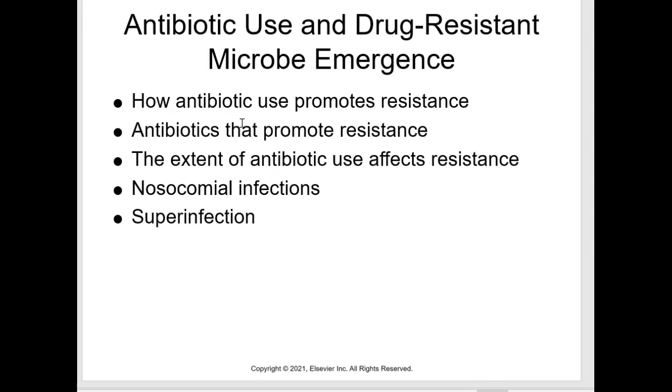So in addition to the elimination of sensitive organisms, when we eliminate those, it will remove the competition for available nutrients, thereby making conditions even more favorable for the resistant microbe to flourish. So although drug resistance is of no benefit to an organism when there are no antibiotics present, when antibiotics are introduced, they create selection pressure favoring overgrowth of microbes that are resistant.